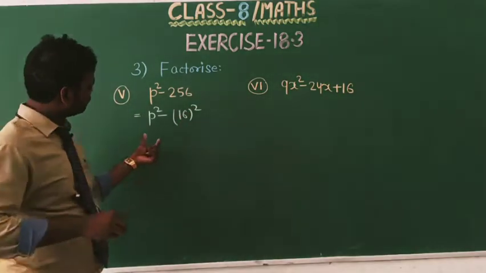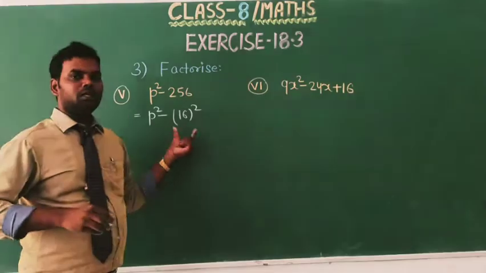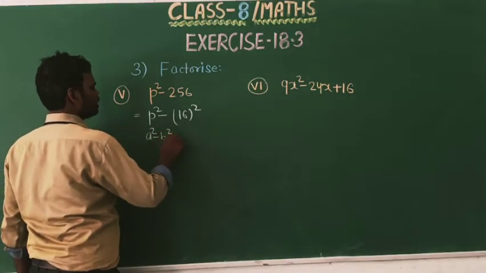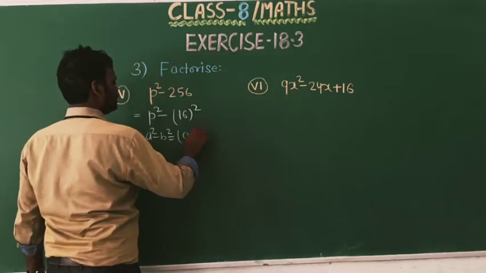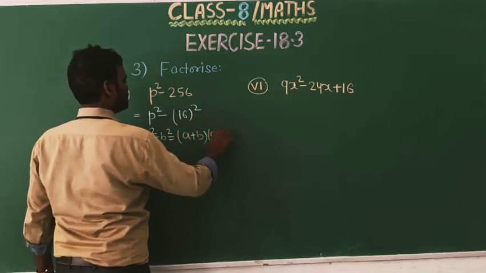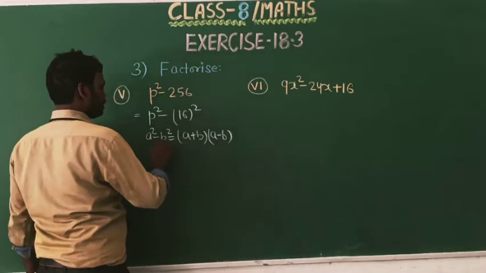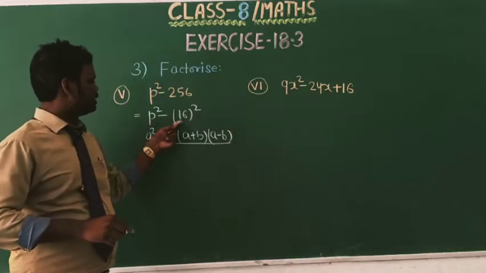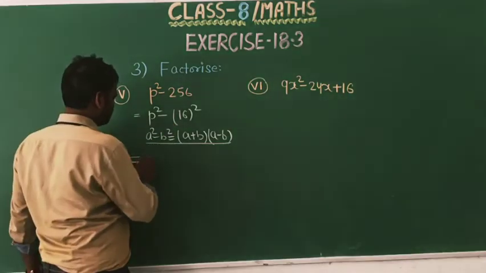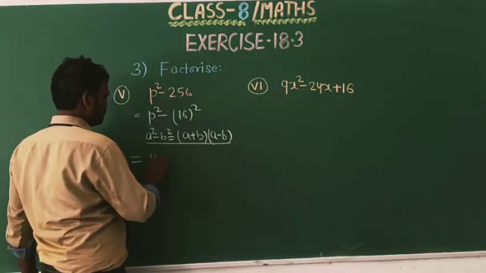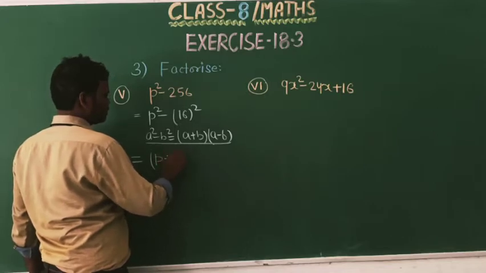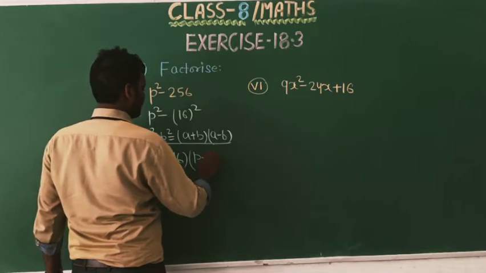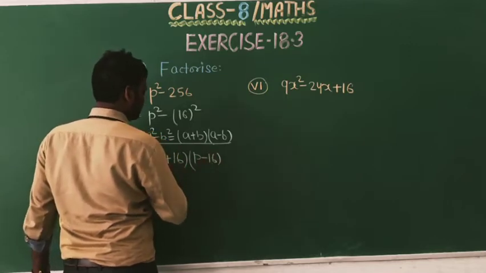Using the identity a square minus b square equals a plus b in one bracket and a minus b in the other bracket, here a is p and b is 16. So this becomes p plus 16 and p minus 16.